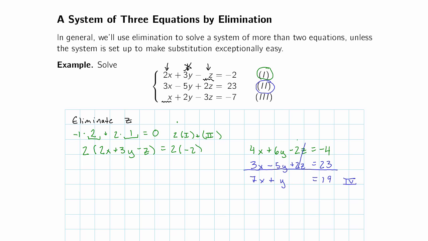Okay, now I combined equation 1 with equation 2. I haven't used equation 3 yet. In my next step, I'm going to need to use equation 3. I could choose equation 1 or equation 2 to use it with, but because z has this nice coefficient in equation 1, I'm going to choose equation 1. So I'm going to want the coefficient of z in the first equation.